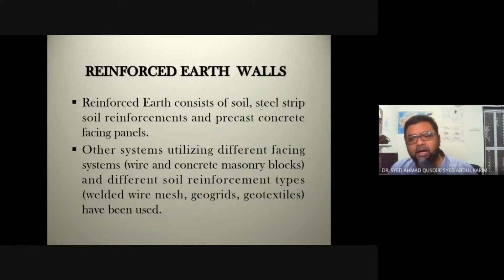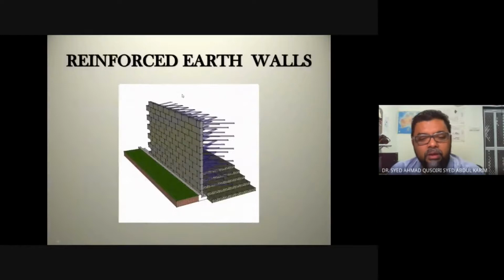And then behind that, within that soil reinforcement and beyond, we have the filling material. Other systems utilize different facing, such as wire and masonry blocks, with different soil reinforcement types, such as welded mesh. So there are other alternatives to the basic system, which is this one.